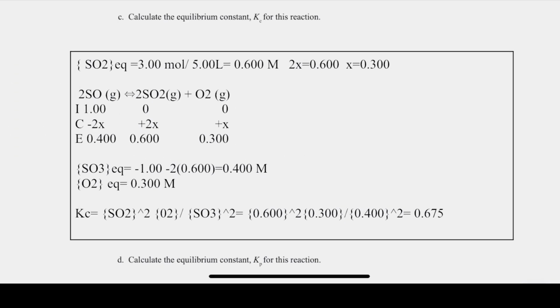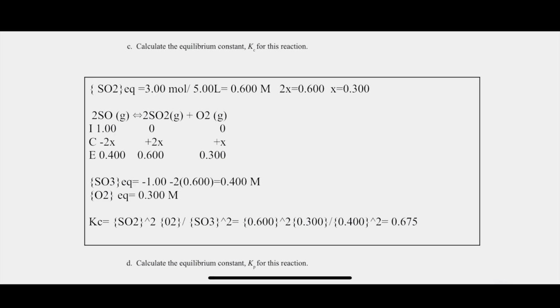And then finally we have Kc is equal to [SO2]^2 [O2] all over [SO3]^2, and that brings us to 0.60 squared times 0.300 over 0.40 squared, which is equal to 0.675.